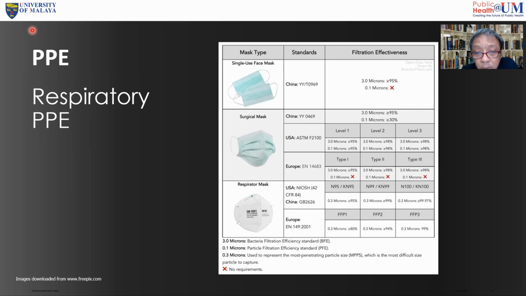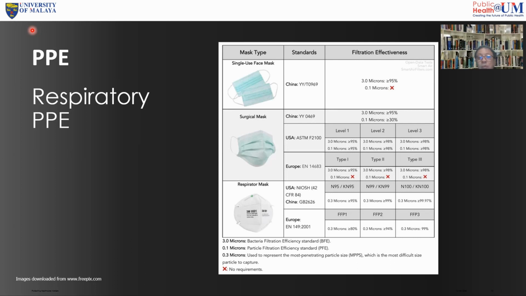What's the difference between N95 and KN95? Basically, N95 and KN95 and FFP1, FFP2, FFP3 are different standards, because they come from different countries, but the protection is the same.